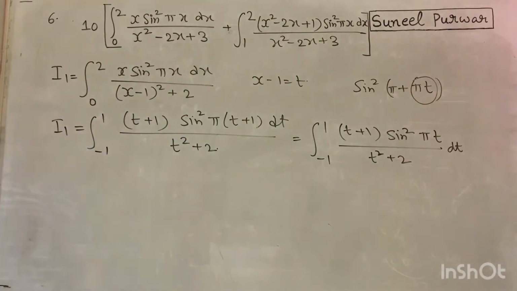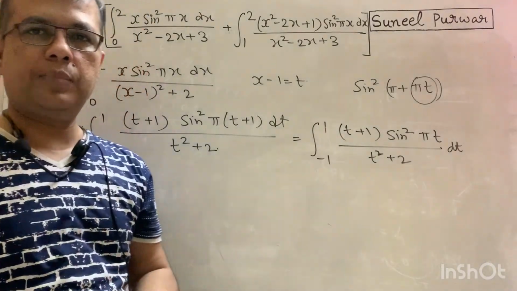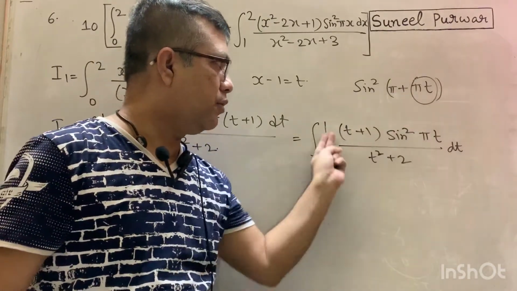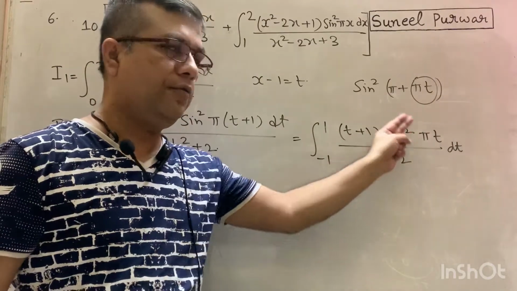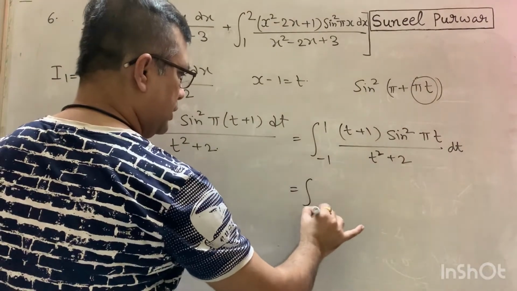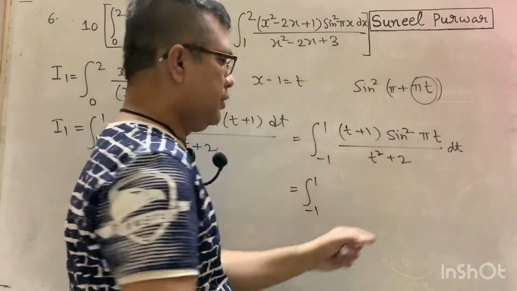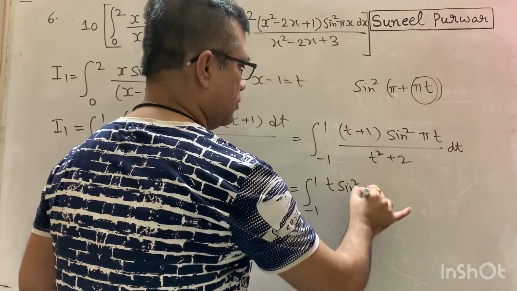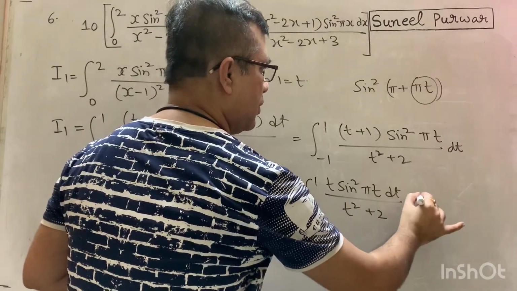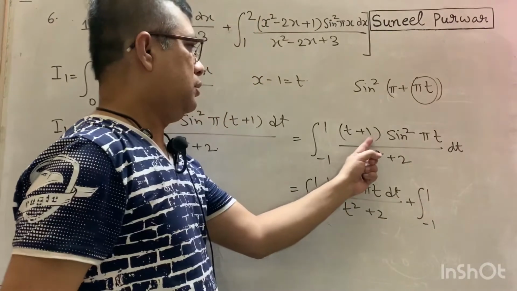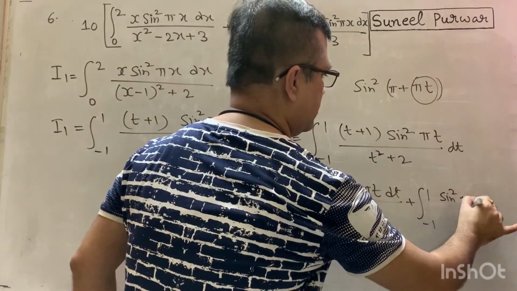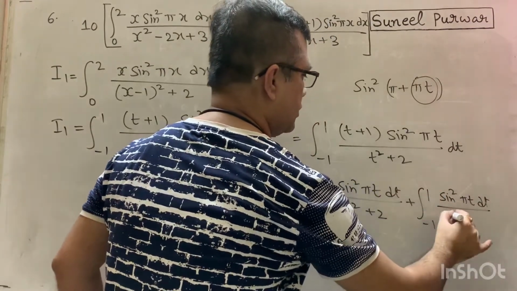Alright. Now, whenever limits are minus 1 to 1, we always look for odd function to be the integrand. Okay. But this is not the odd function completely. But part of it is odd function. So this you can split as integral minus 1 to 1 t into sine square pi t dt upon t square plus 2, plus integral minus 1 to 1 1 into sine square pi t dt upon t square plus 2.